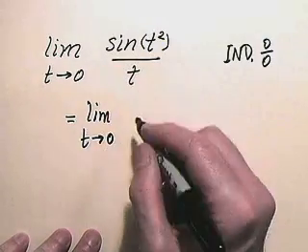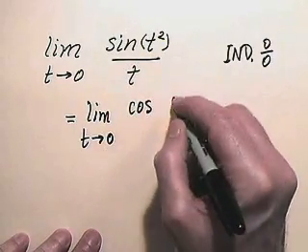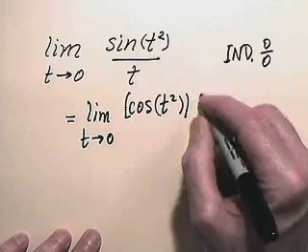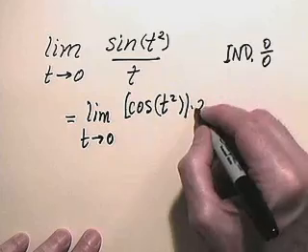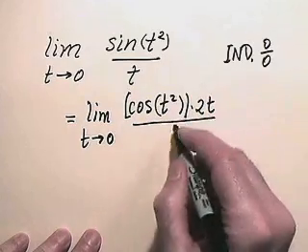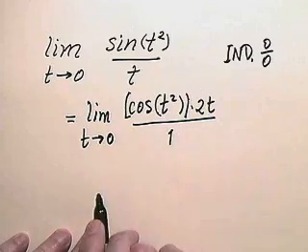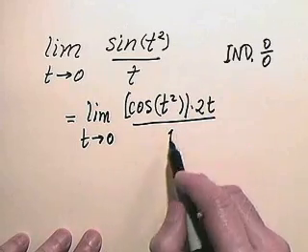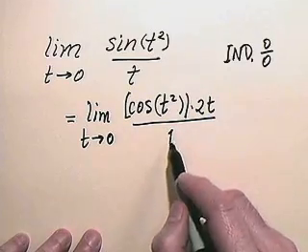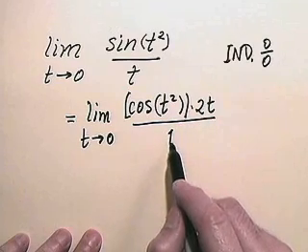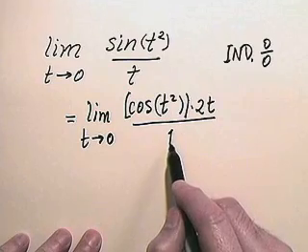So the outer function being sine, its derivative is cosine of t squared multiplied by the derivative of what's inside, 2t, and that's all divided by the derivative of t, which is simply 1. Now we no longer have an indeterminate form. We have something in the numerator, but in the denominator we just have a constant 1, which is different from 0.